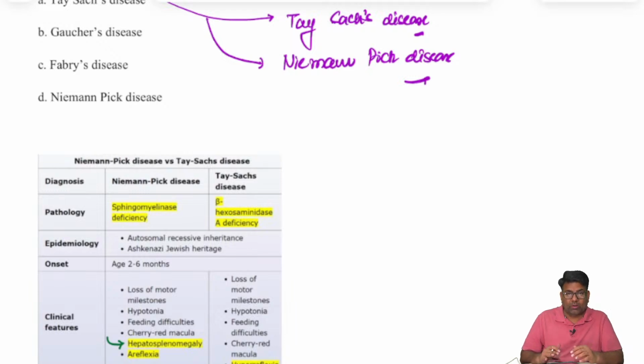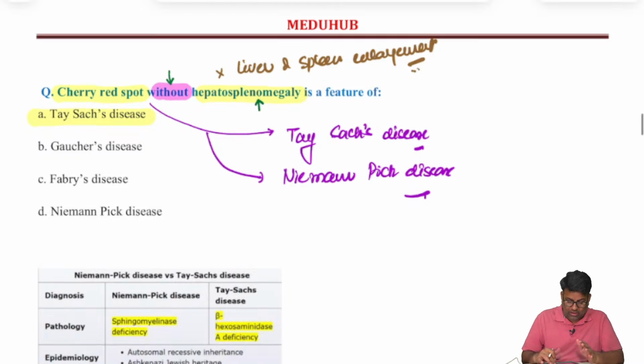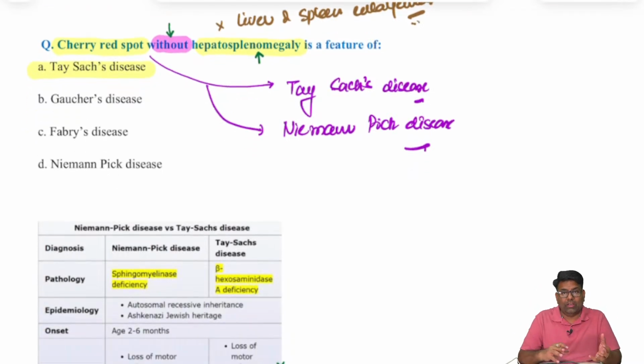Which is not present in Tay-Sachs disease. So if there are cherry red spots but no liver and spleen enlargement, you will favor a diagnosis of Tay-Sachs. If the patient has cherry red spots with hepatosplenomegaly, then you would mark Niemann-Pick disease and not Tay-Sachs, right?